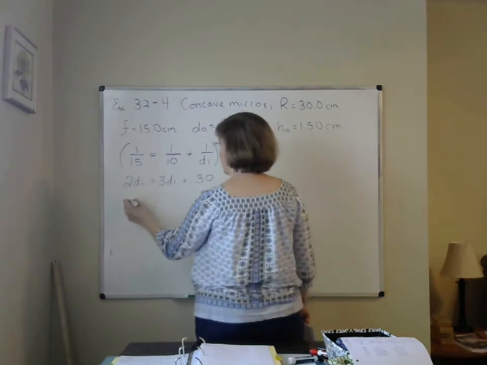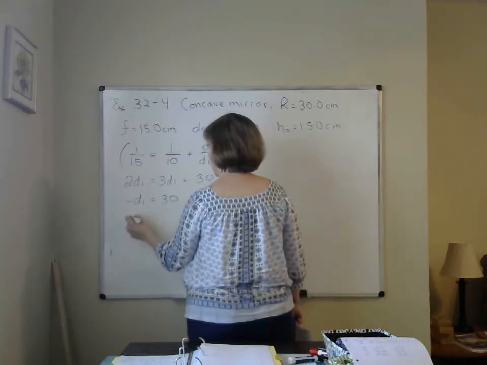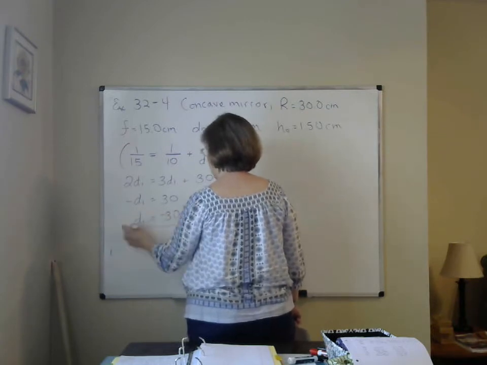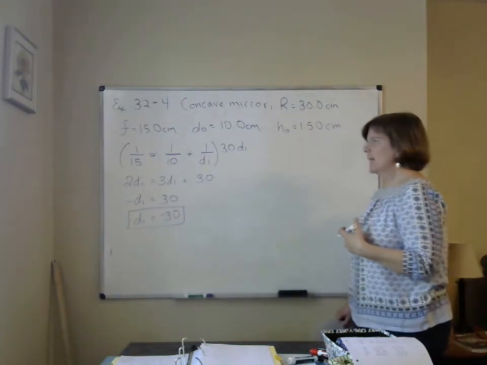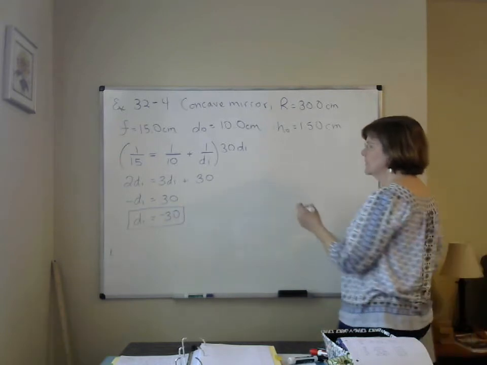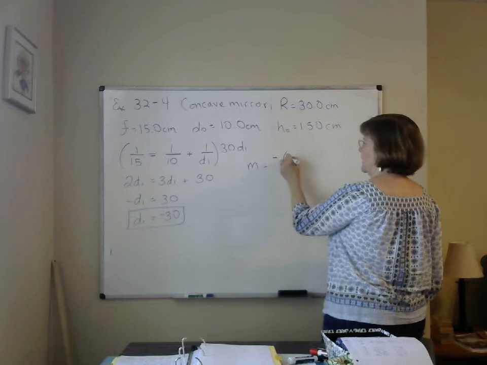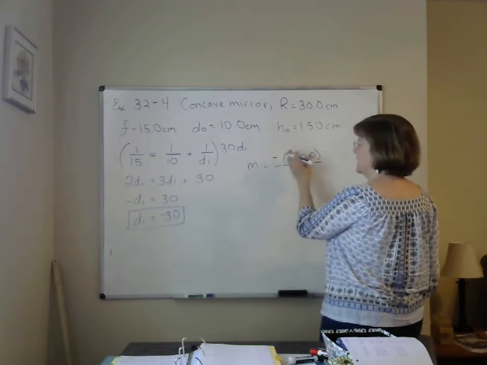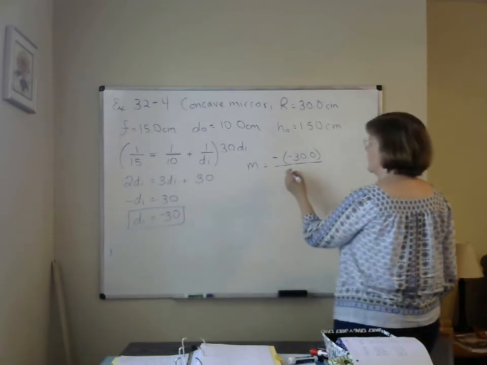That's going to give me negative di equals 30, or di is negative 30. That negative image distance tells me that this is going to be behind the mirror. When I do the magnification, it's negative di over do.